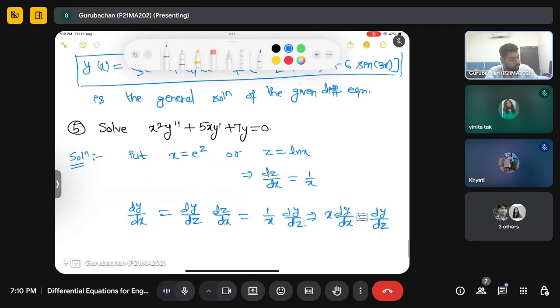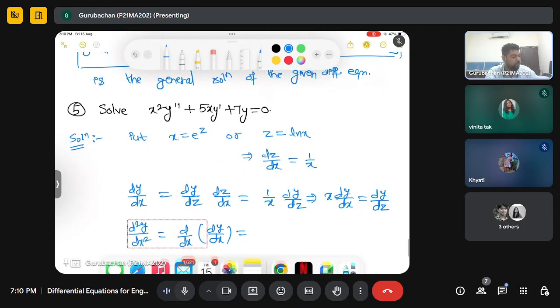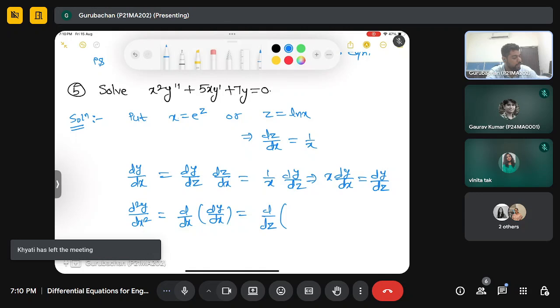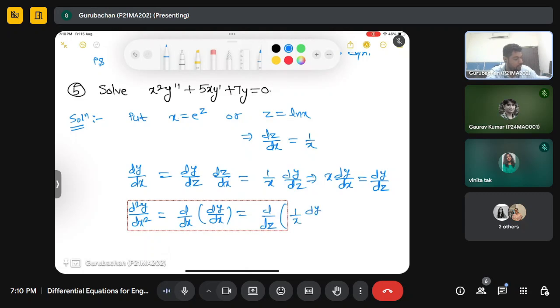So x dy by dx will be equal to dy by dz. Okay. So for the second derivative, this will be d by dx of dy by dx. We will play a little smartly. So we know that this dy by dx is 1 by x dy by dz, and we put that value in.